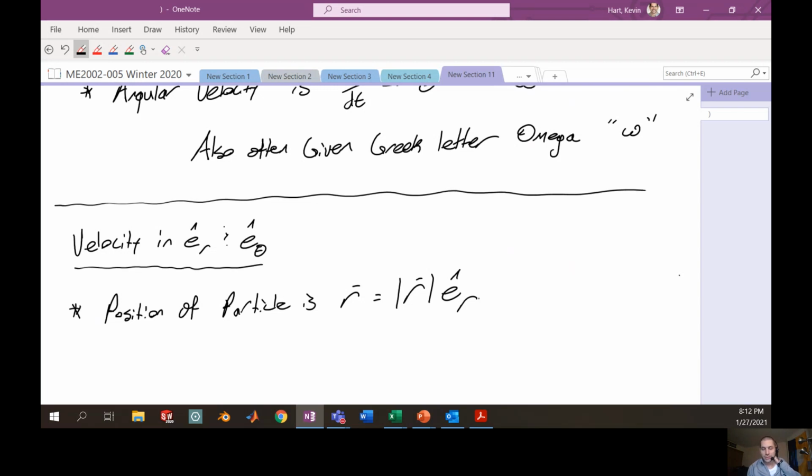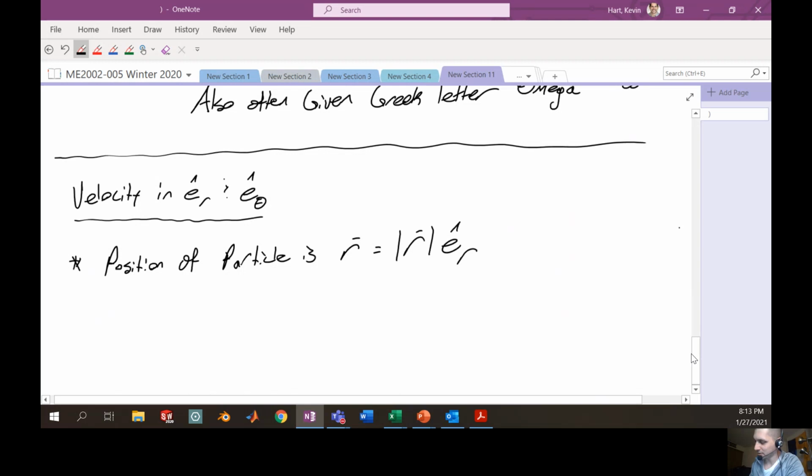When we did the normal and tangential axes, the tangential axis was always in the direction of the velocity. With these polar coordinates we have a slight variation, where the coordinate system is not always pointed in the direction of the velocity, but always pointed in the direction of the position of the particle. So similar, but a slight difference. The position of the particle is always the magnitude of the position vector times e hat r.